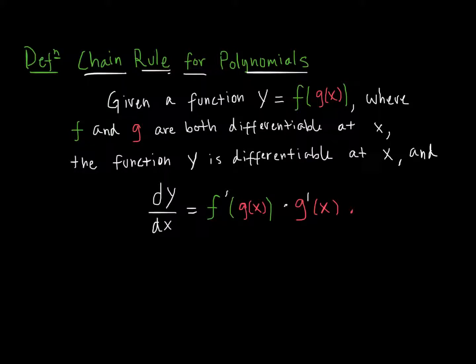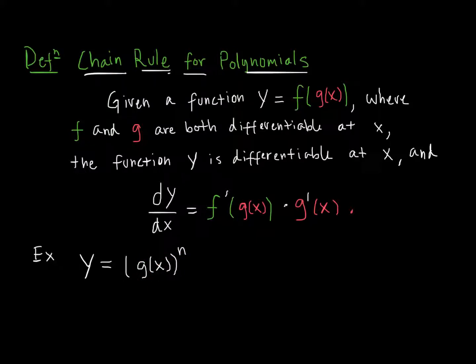And so in practice, in our examples that we're going to see, we can apply this to finding the derivative of polynomial functions of this form, where you have some function g of x being raised to some power n. And what you can do here is notice that the outside function is f of g of x, where the outside function is taking some function g of x and raising it to the nth power.